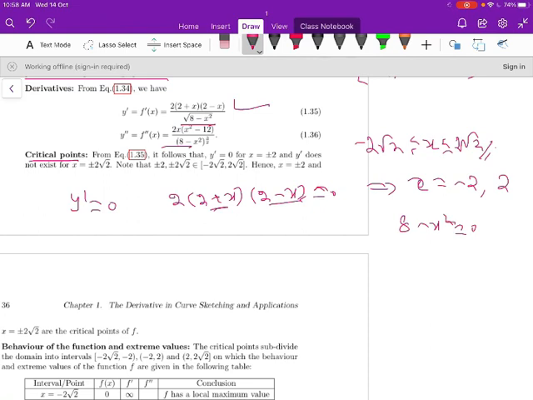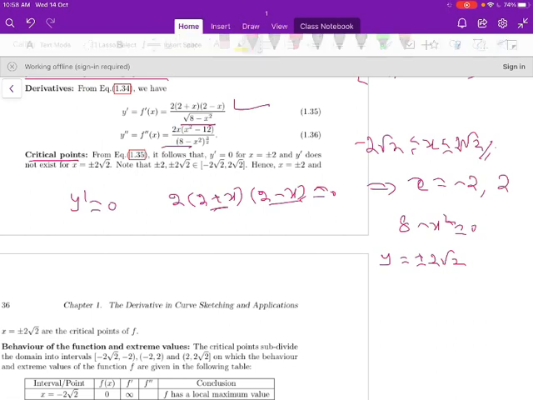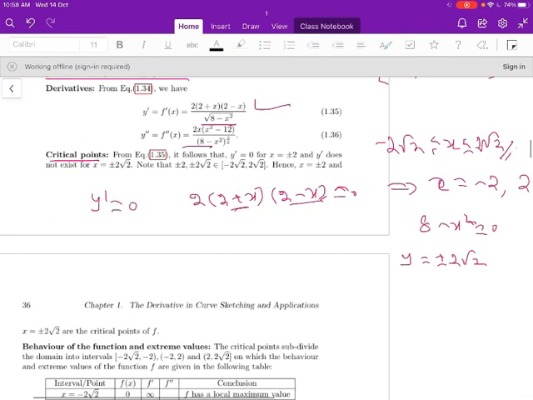Therefore the critical points are minus 2, plus 2, plus 2 root 2 and minus 2 root 2 for the given function.